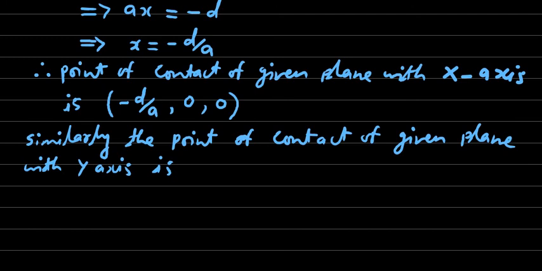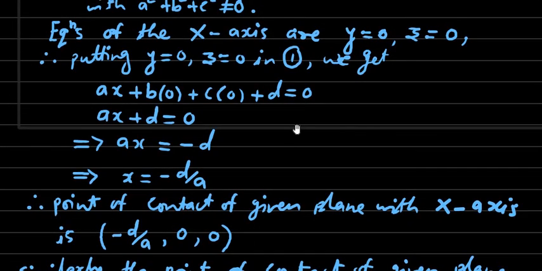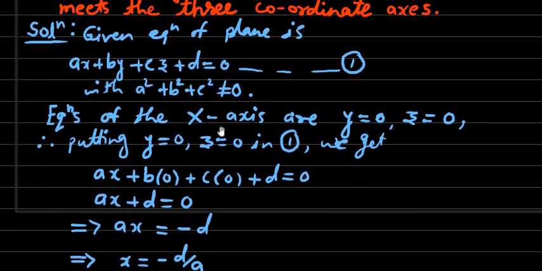The point of contact with the y-axis: for finding it, obviously we have to put x equal to 0 and z equal to 0 in the equation of the plane, because the equations of the y-axis are x equal to 0, z equal to 0. So if we put x equal to 0 and z equal to 0 in equation number 1, we simply get by plus d equal to 0, which means by is equal to minus d, which gives us y equal to minus d by b.